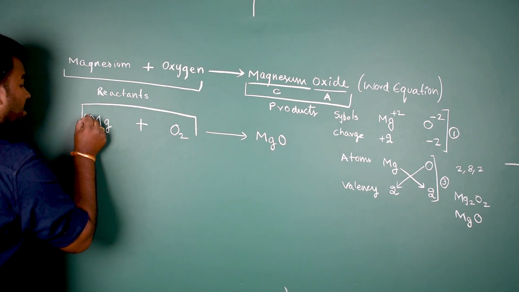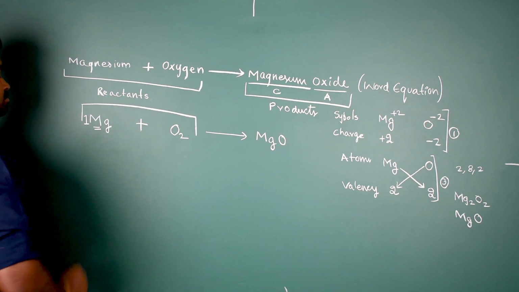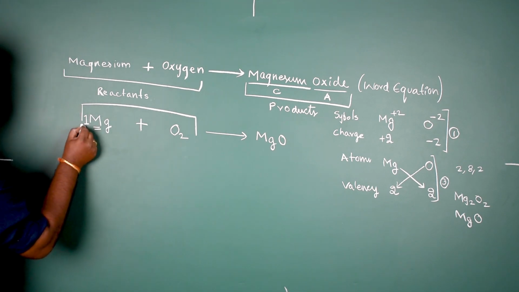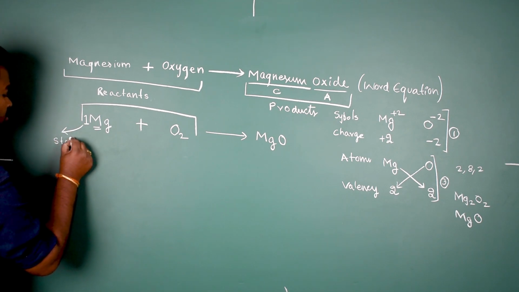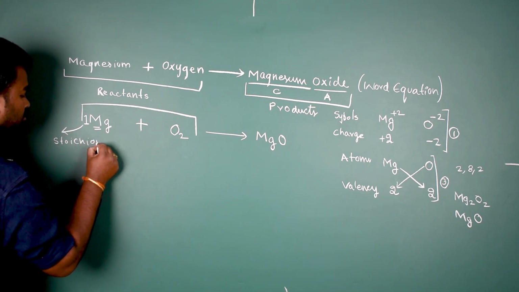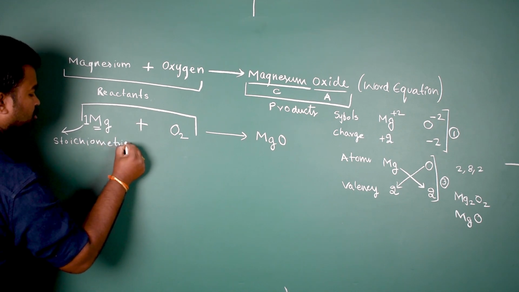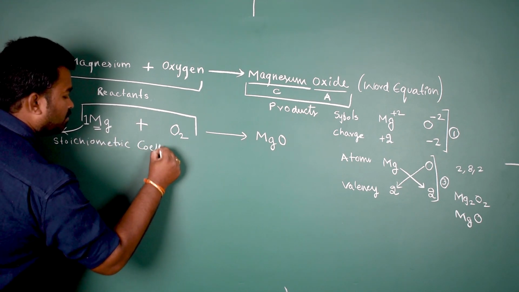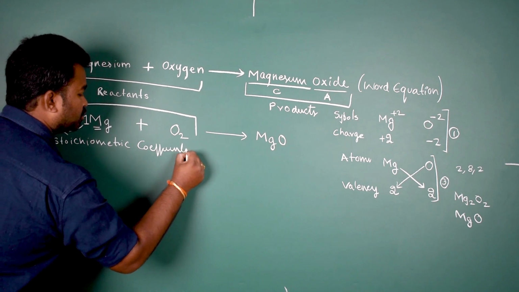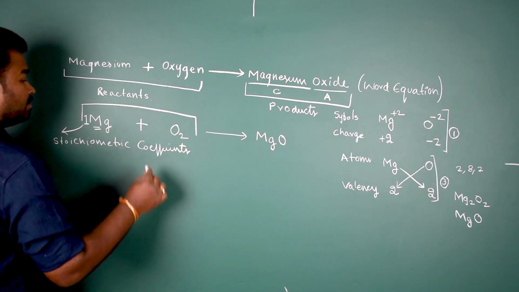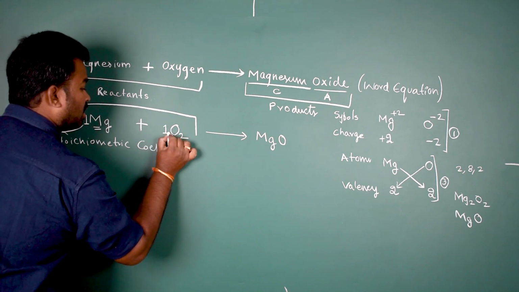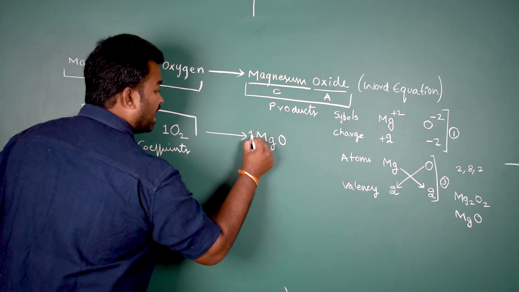There is a number present in front of magnesium. These are known as stoichiometric coefficients. So similarly, it says that 1 magnesium atom is reacting with 1 oxygen atom to form 1 MgO.